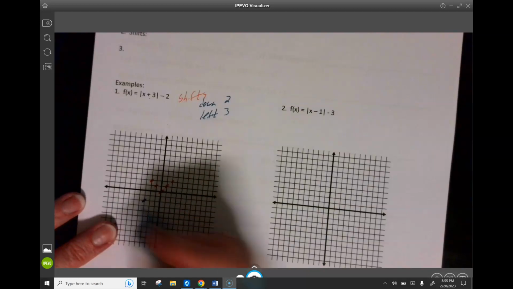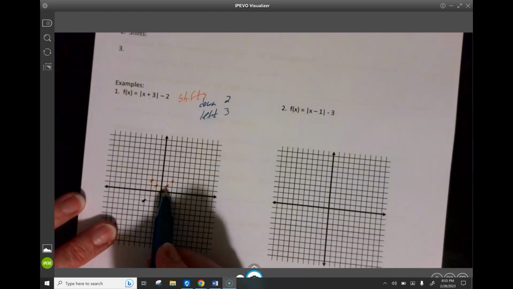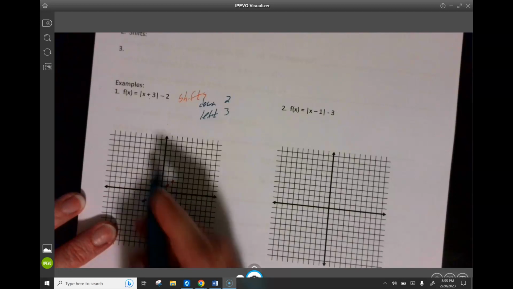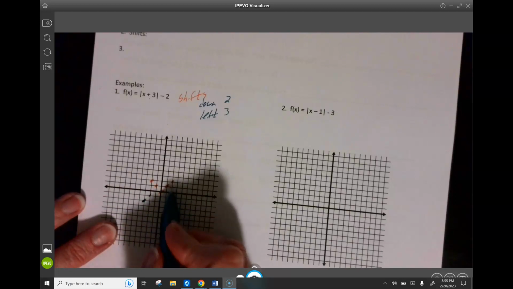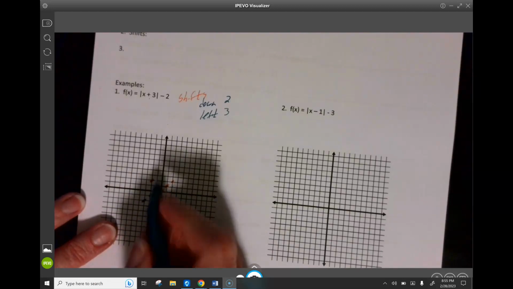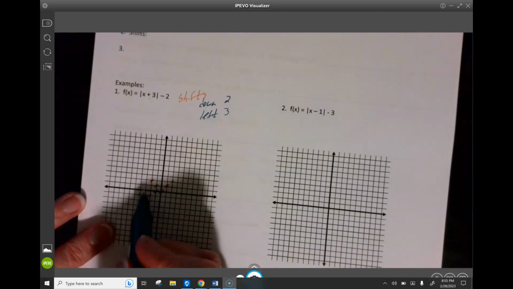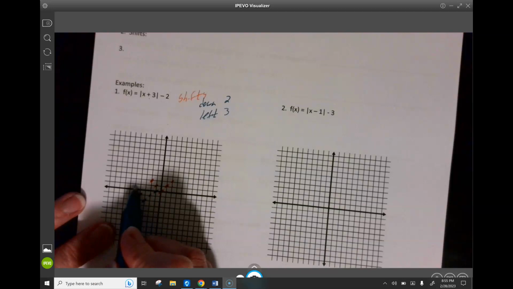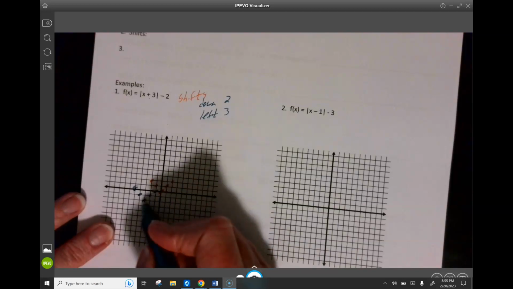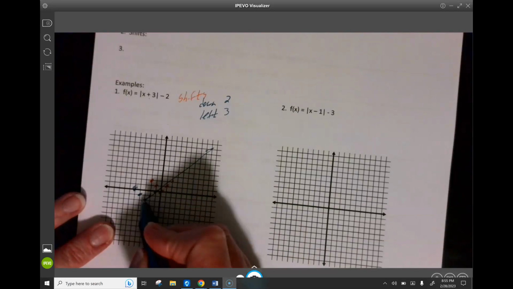So here is my new vertex. Every point goes down 2, left 3. Down 2, left 3. Down 2, left 3. I think you get it now. So now we just complete it. So this is my actual graph.